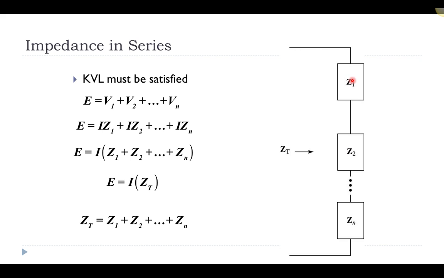If I had a number of impedance components, where these impedance values could be combinations of resistors and inductors, resistors and capacitors, capacitors and inductors, whatever they may be, connected in series, and then there is some voltage that is applied across these that is sinusoidally varying, I know that the voltage that's applied across those impedance values has to equal the voltages across all the components. In other words, the voltage rise, which is the source, has to equal all of the voltage drops.